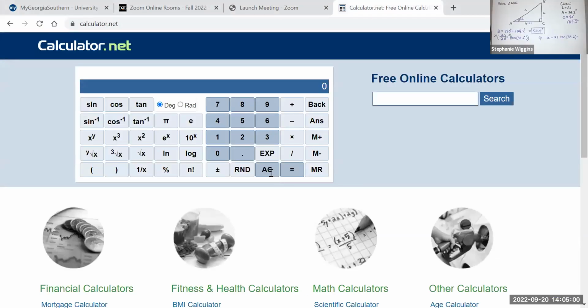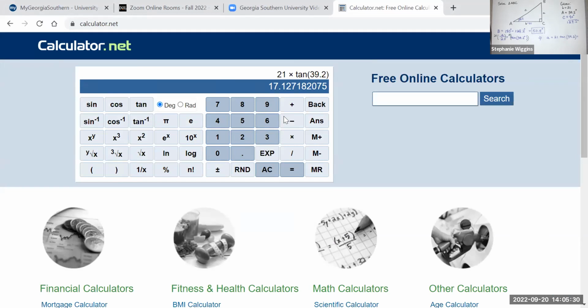When you're doing this calculation, make sure your calculator is in degrees. Oops, I did it wrong. Hold on.